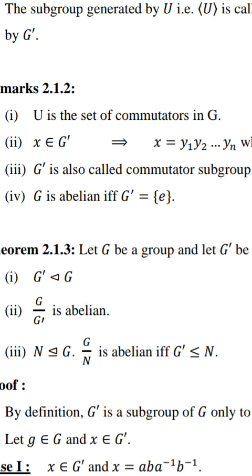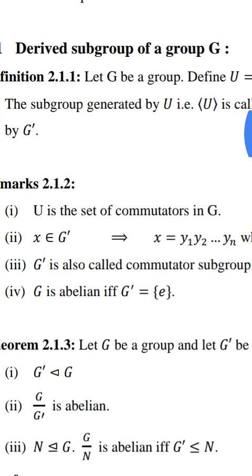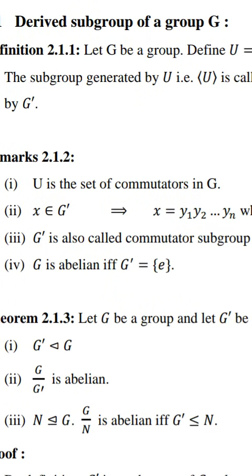Point out, U is the set of commutators in G, that is, the derived subgroup of a group G is generated by the set of commutators in G.